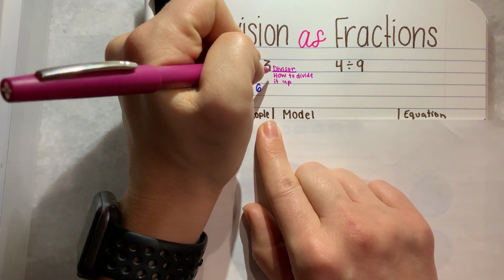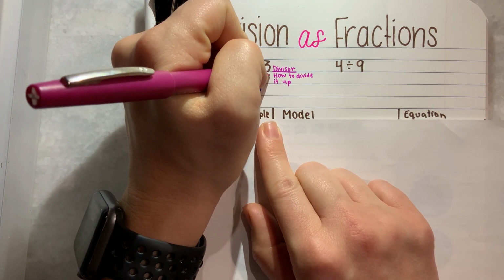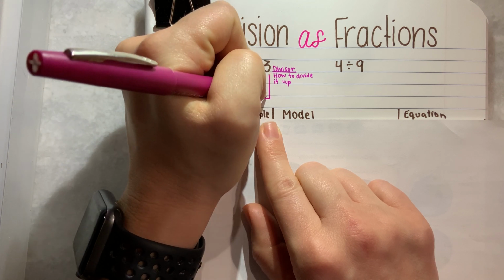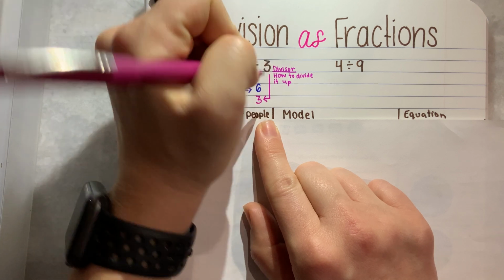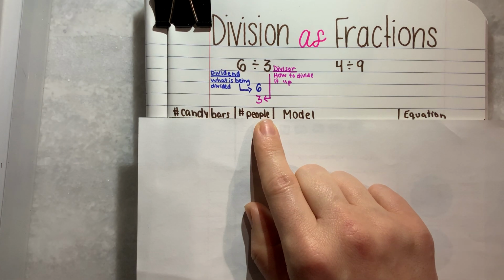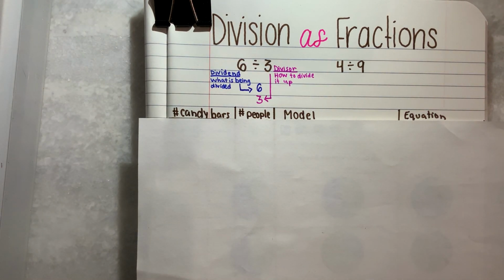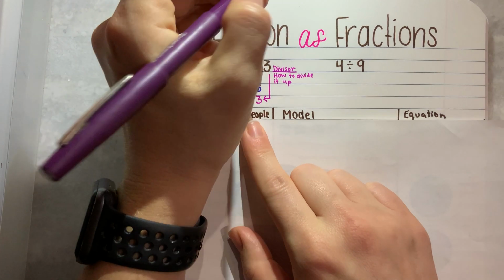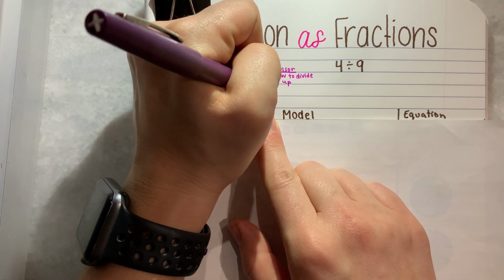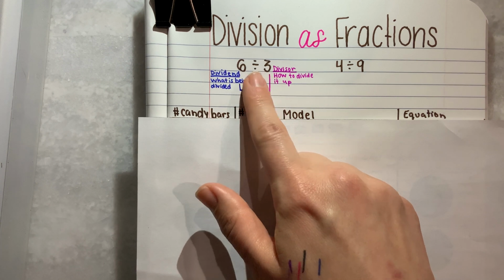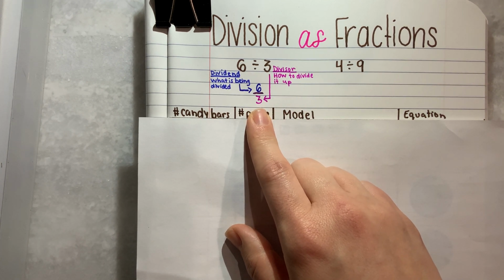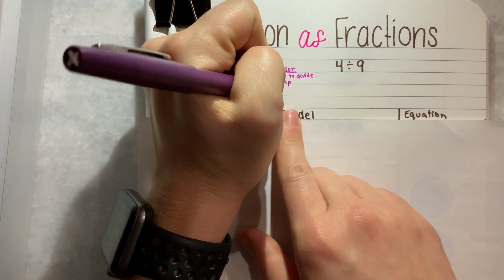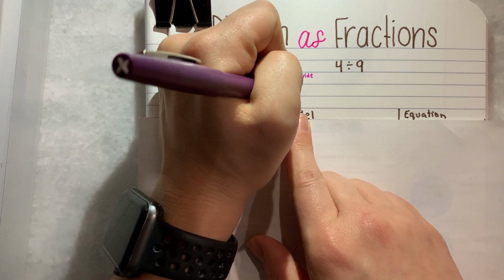And then our divisor, how it's going to be broken apart, is based on your number of groups, or how many would be in a group. So that is going to be our denominator. So 6 divided by 3 would be the same as 6/3, which we know also equals 2 wholes.